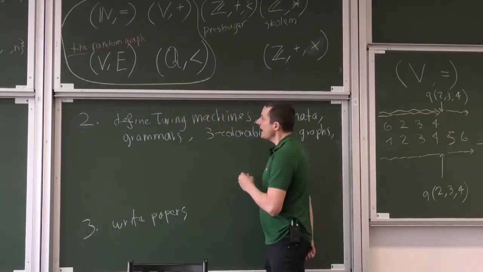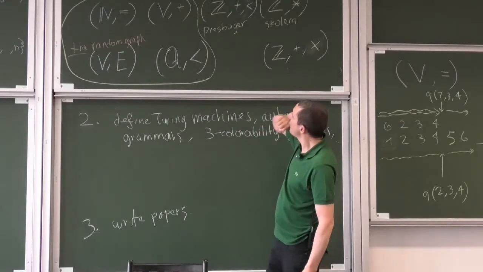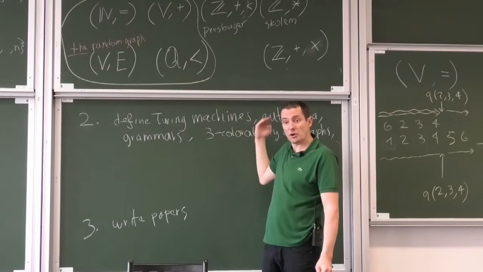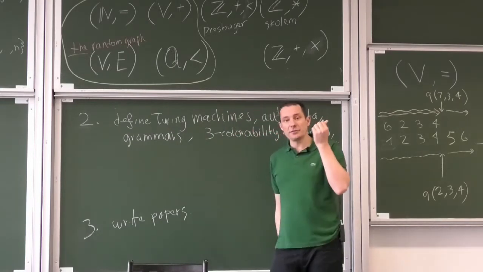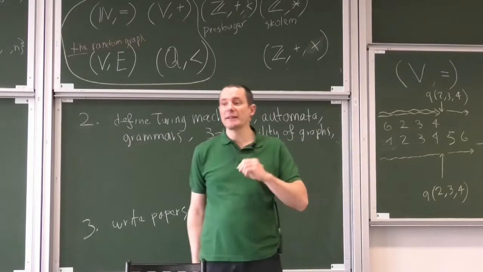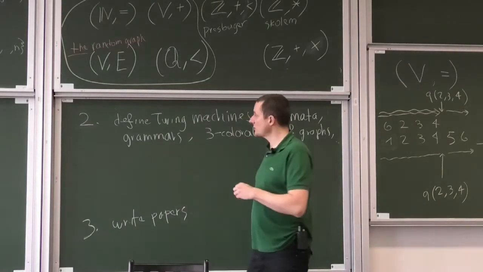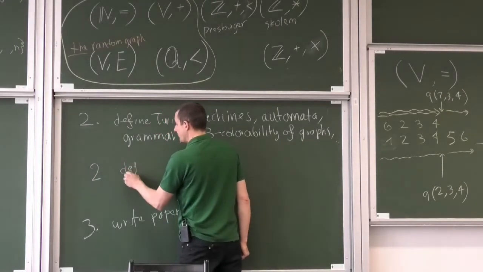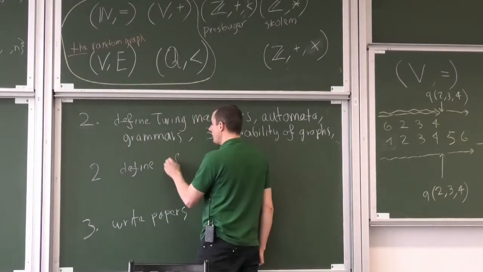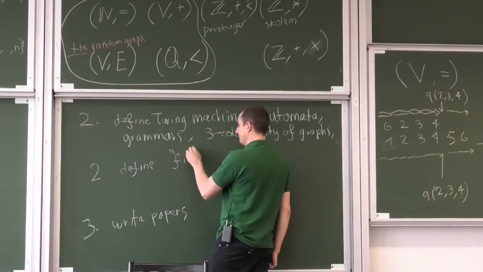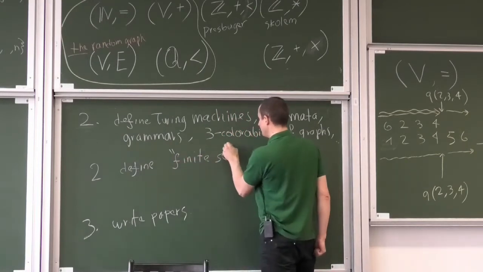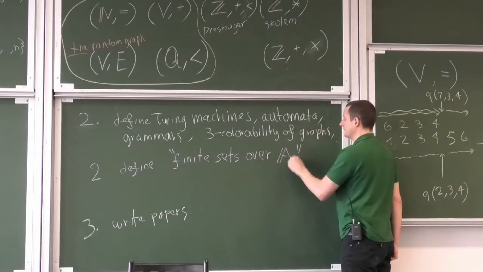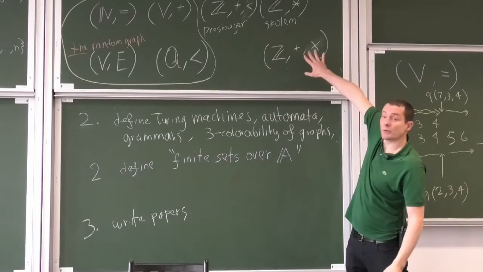So the idea is, instead of defining for every data structure like this what a Turing machine is and so on, we only need to define for every data structure one thing, namely what is a finite set. So actually the real step 2 is: define finite sets over a structure A. A is one of these structures.